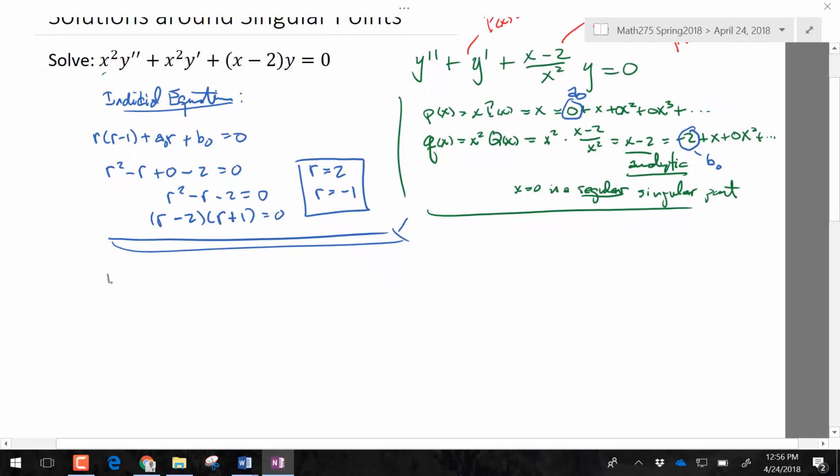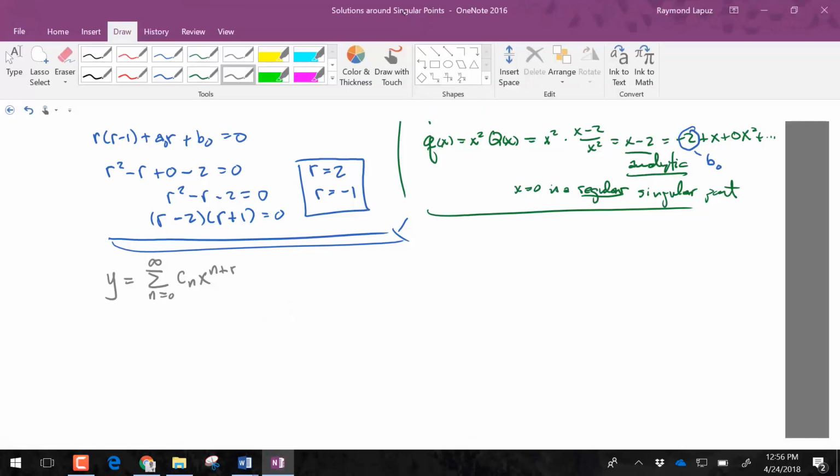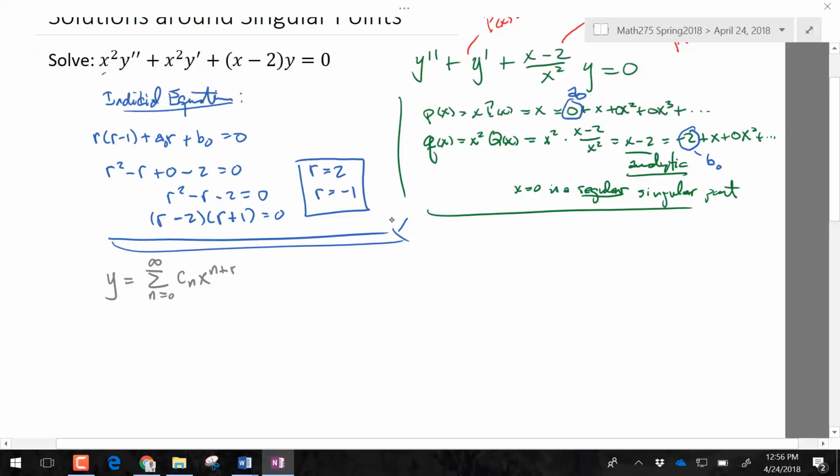So our solution should look like the sum from n equals 0 to infinity, according to Frobenius's theorem, of c sub n x to the n plus r. But r in this case is -1, which we're going to try first. So it's going to be x to the n minus 1. Yes, it's always going to be a constant term.